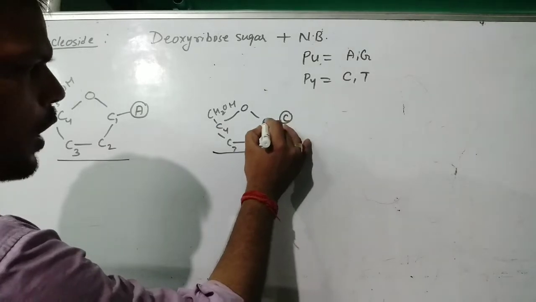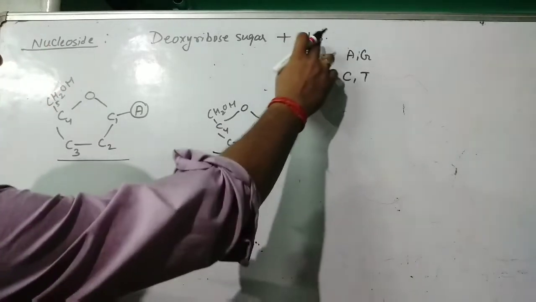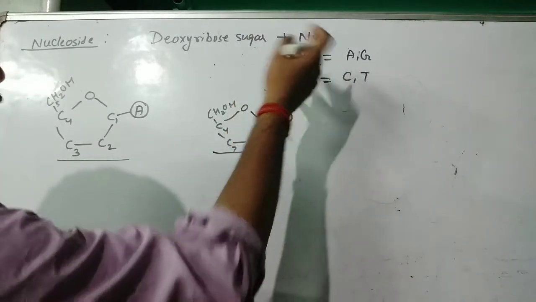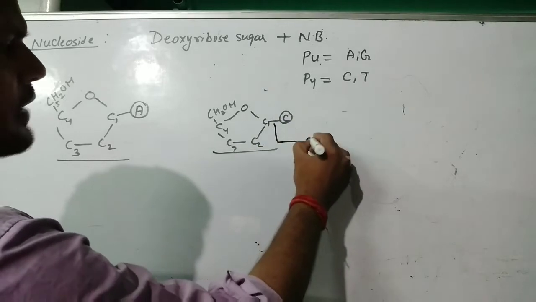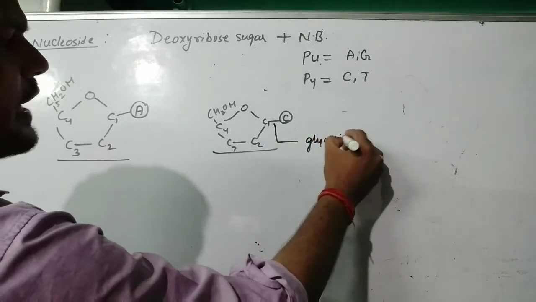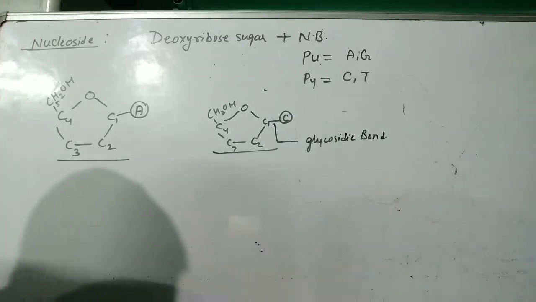Now the bond between the first carbon atom and the nitrogenous base, either a purine or a pyrimidine, is known as glycosidic bond.